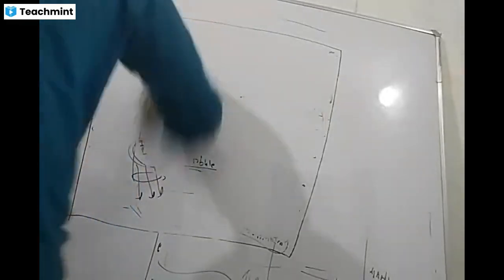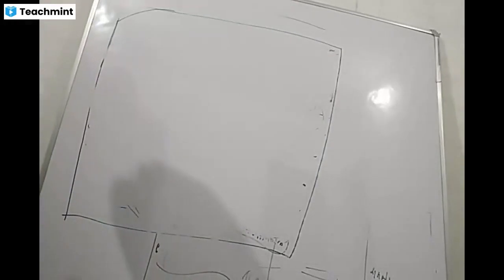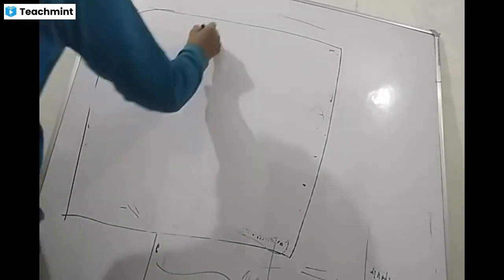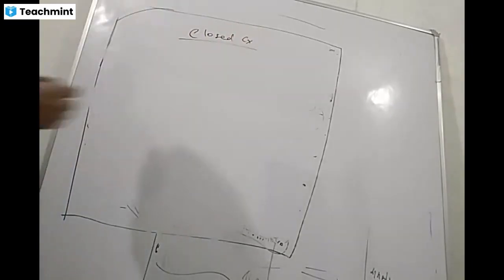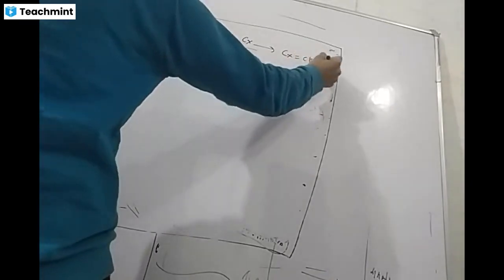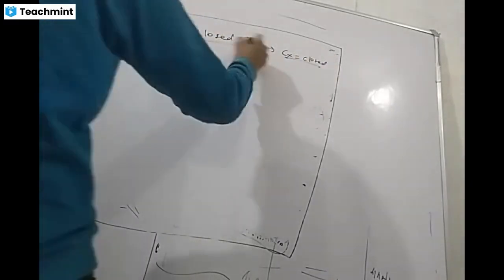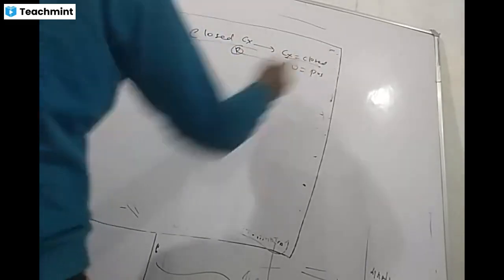What happens in case of closed cervix pyometra? As the name implies, the cervix is closed and pyometra means your uterus is filled with pus.